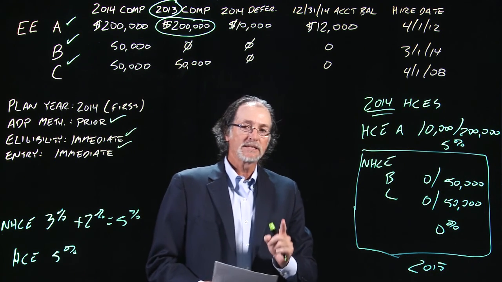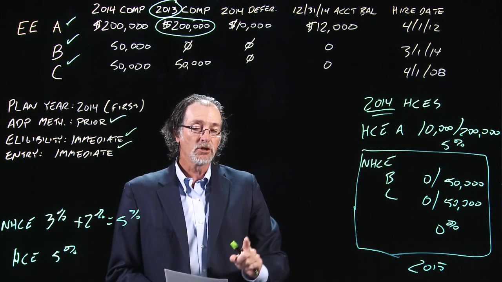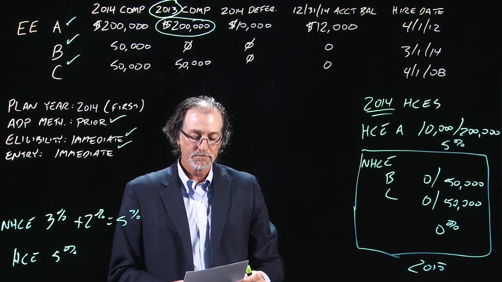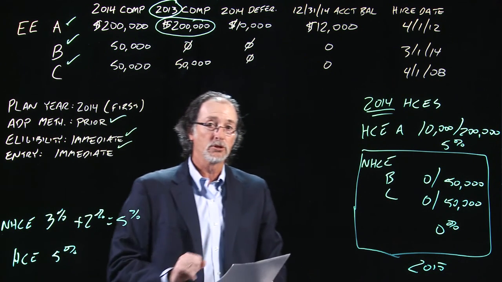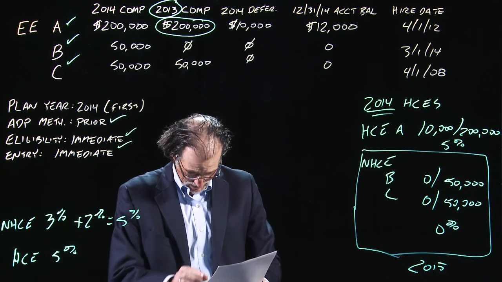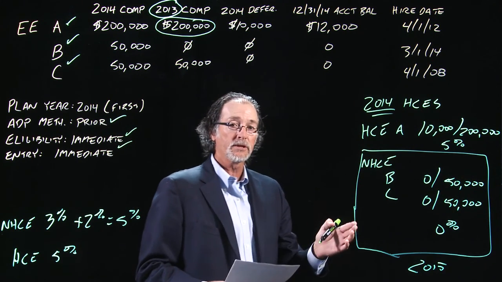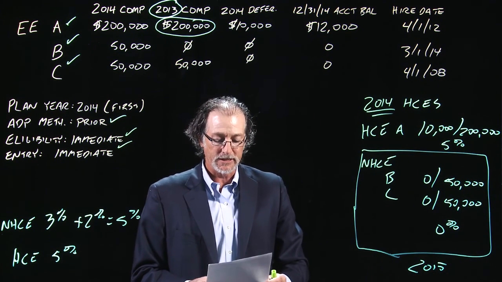The top heavy is always calculated on the last day of the plan year based on account balances. The difference here, though, is we're comparing key employees to non-key employees. So first thing we have to do, similar to the ADP test, is determine who's a key employee and who's not. So let's take a look at that. To identify the key employees, the first thing we look at, are there any greater than 5% owners? Again, notice I said greater than 5%.